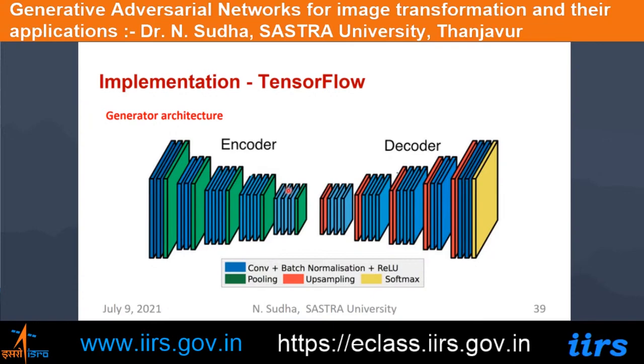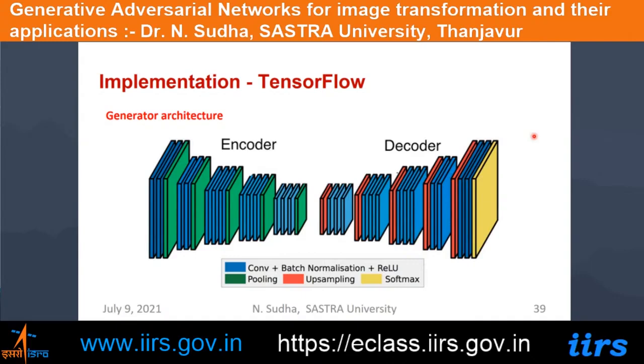So the size of the feature maps keeps on decreasing, and then you get an encoded feature map, and then there is upsampling to get the decoded output. So whatever the input image, you will get another output image of the same size, but of a different nature. If the zebra image is given, then the horse image will be the output.